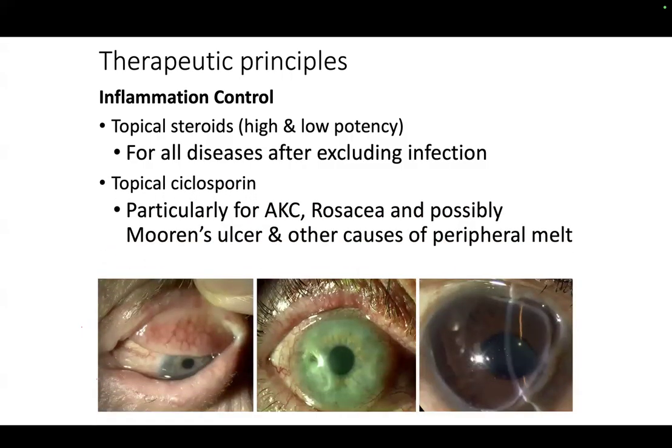If a patient needs topical steroids, very often they'll benefit from a steroid-sparing agent, so topical cyclosporin, which there are a couple of suppliers now, not just Icavis. That's quite helpful for controlling atopic disease in any case, and things like rosacea, which is another big cause of this sort of thing.